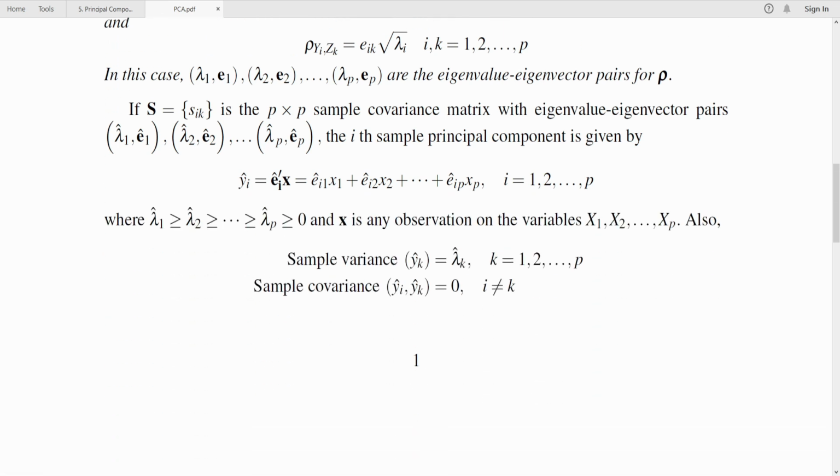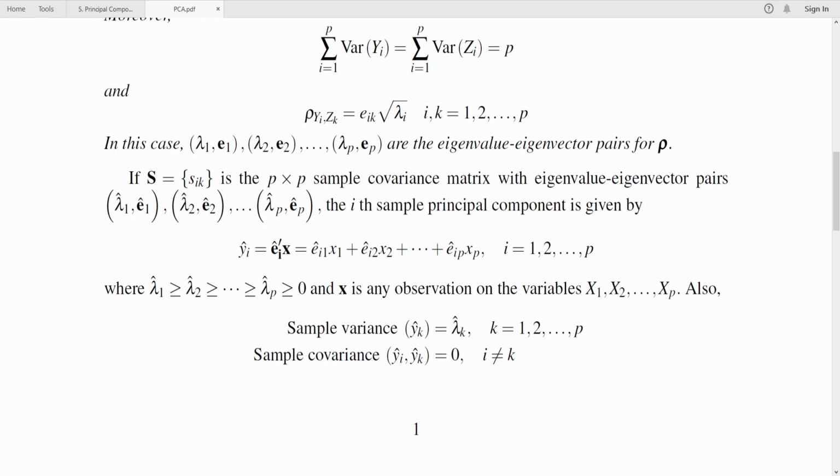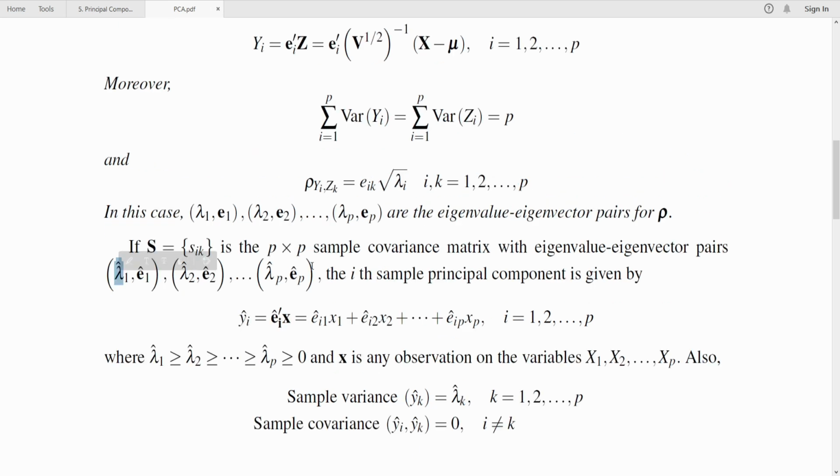What I mentioned earlier is that if we take our maximum likelihood estimate, and under the assumption that our vector comes from a multivariate normal distribution, then our eigenvectors and our lambda i's can be considered random variables, as maximum likelihood estimators.